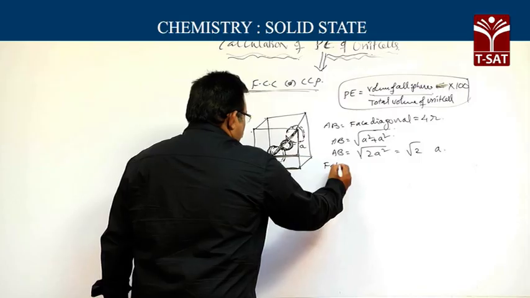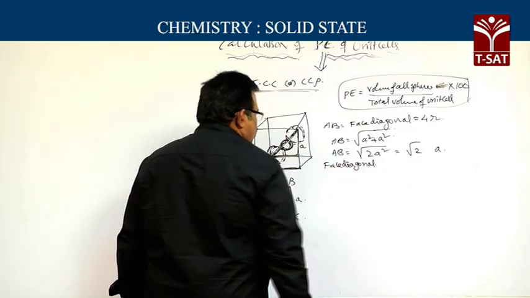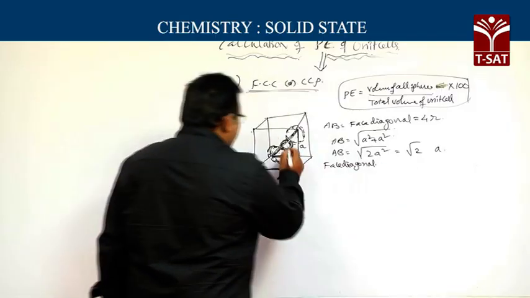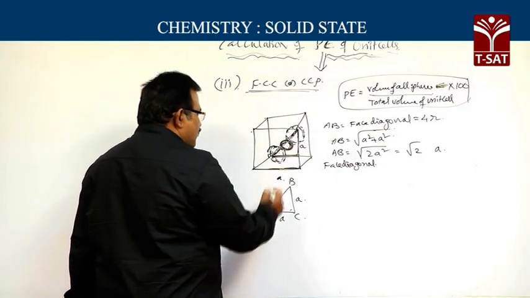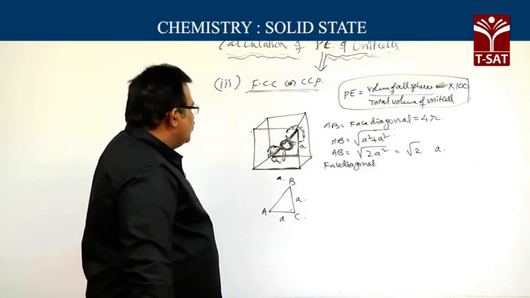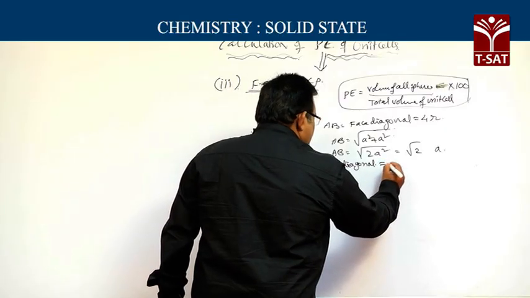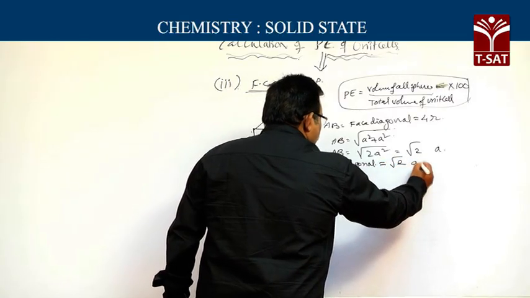So, face diagonal consists of one complete sphere and two spheres of each half, total 4R, that is equal to root 2a.